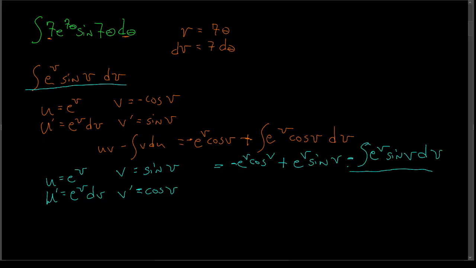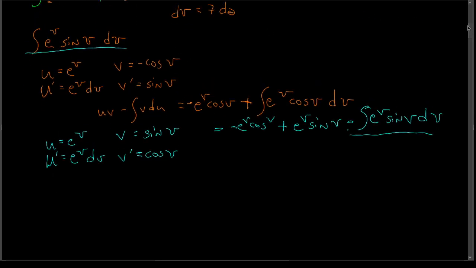So if I put this all together, if all these pieces come back together for us here, I started with the integral of e nu sine nu d nu, and we set that equal, and we expanded it out, and we get this expansion here.